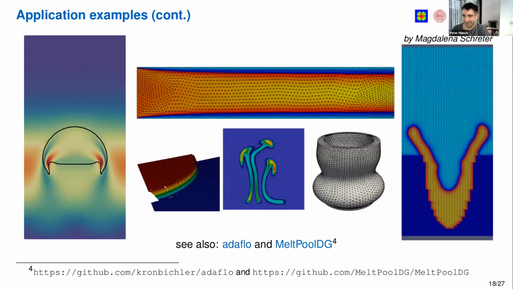So until now, we talked about more or less complex meshes. Now I would shortly talk about in which context we have tried out whether this simplex support already works. We've tried it out on a single-phase flow, a two-phase flow example, a multi-physics problem, a melt pool problem, and some solid mechanics.